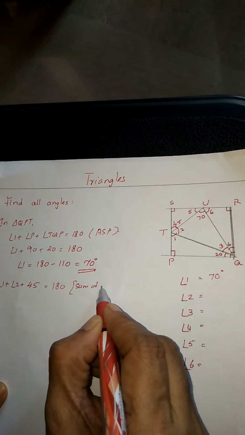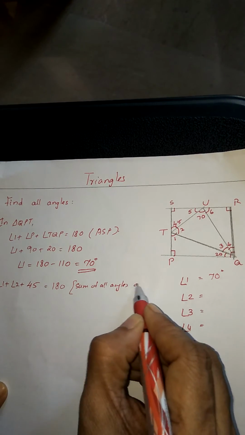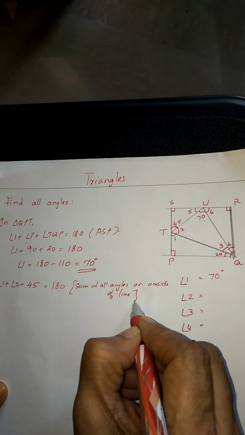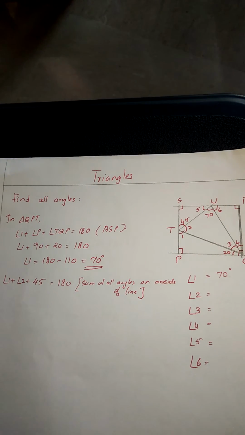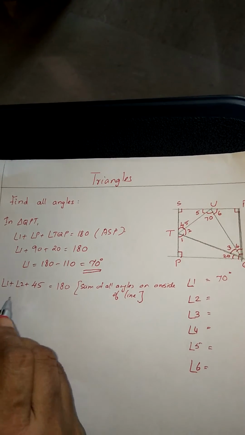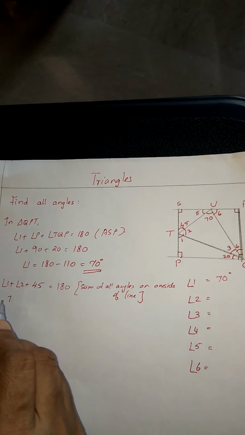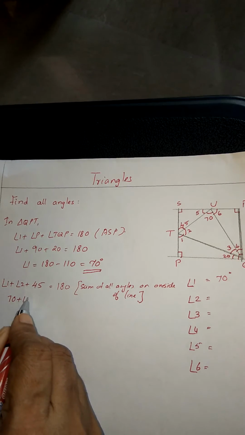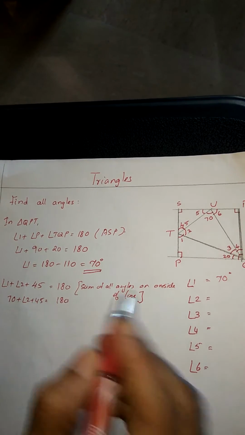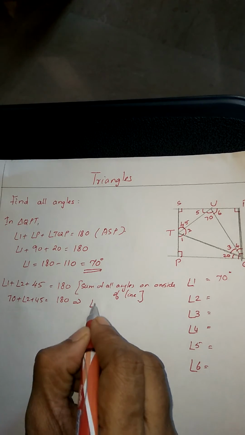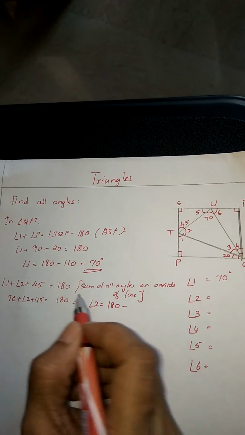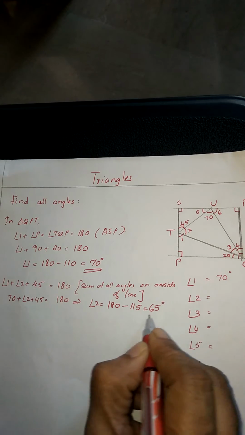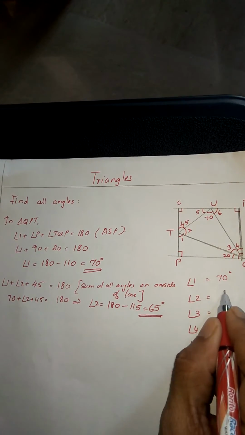So 70 plus angle 2 plus 45 is equal to 180, from which you will get angle 2 is equal to 180 minus 115 is equal to 65 degrees. So angle 2 is 65 degrees.